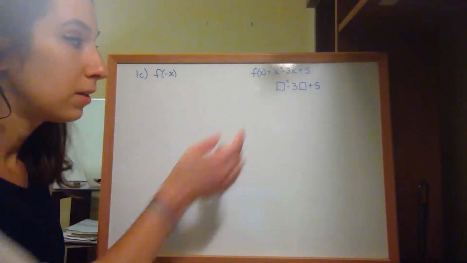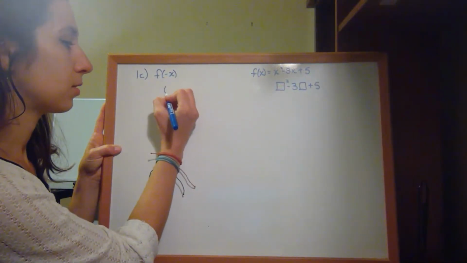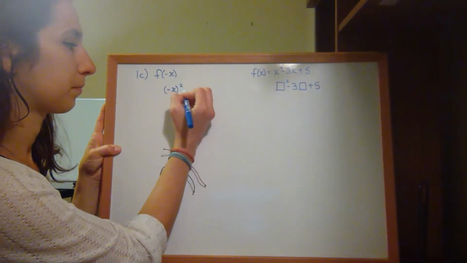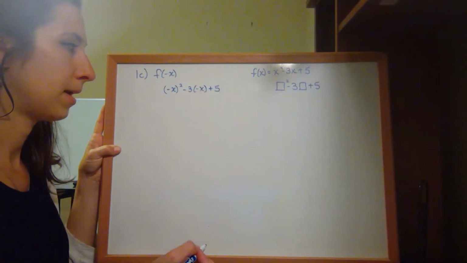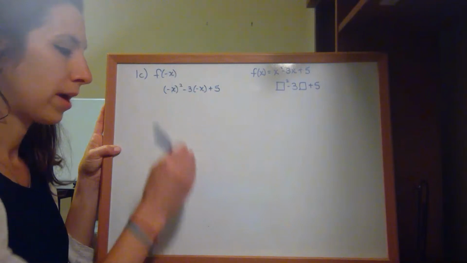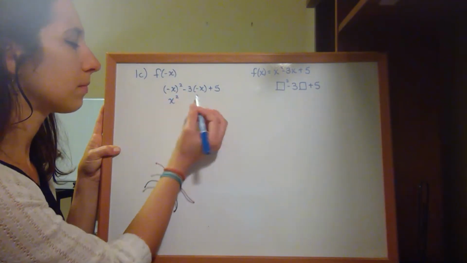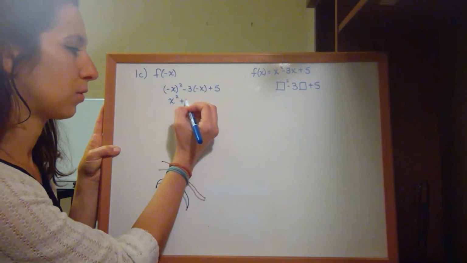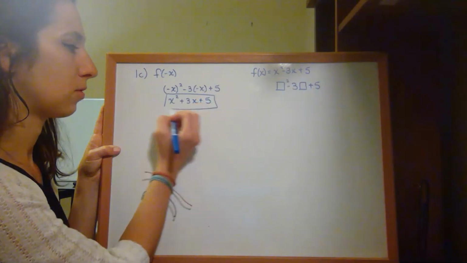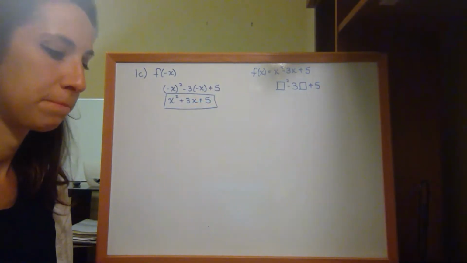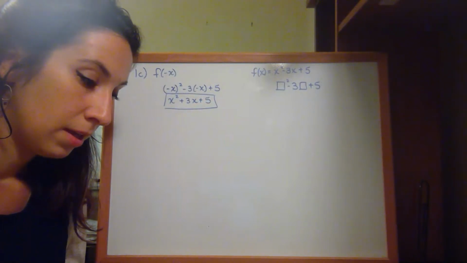So you're literally going to fill those boxes with a negative x. And it's good to put them in parentheses. Okay? Negative x squared, that's a negative times a negative, so that would be a positive. Negative times a negative is also a positive. And this is our final result. You can't combine anything. All right? So that would be our function.